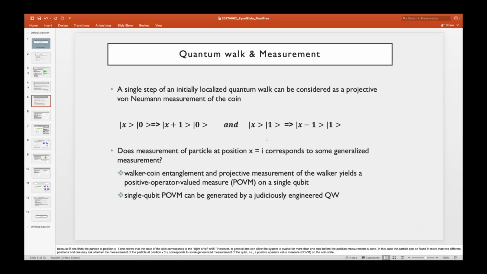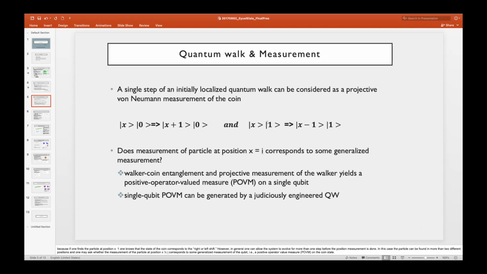The other topic is how, using a quantum walk, we can make a generalized measurement. In the trivial case, we can think of it this way. Let x be the Walker state and 0 be the state of the coin. Depending on the state of the coin, we shift the Walker.